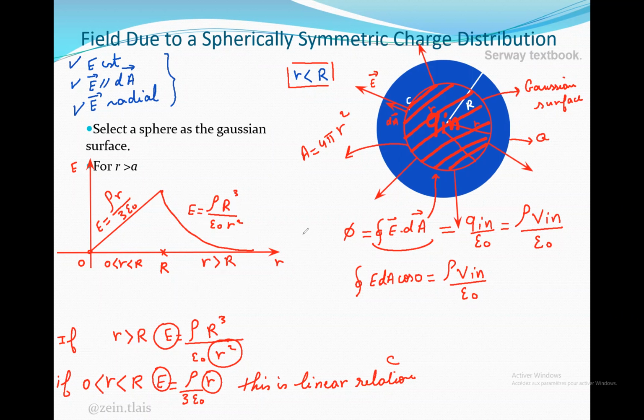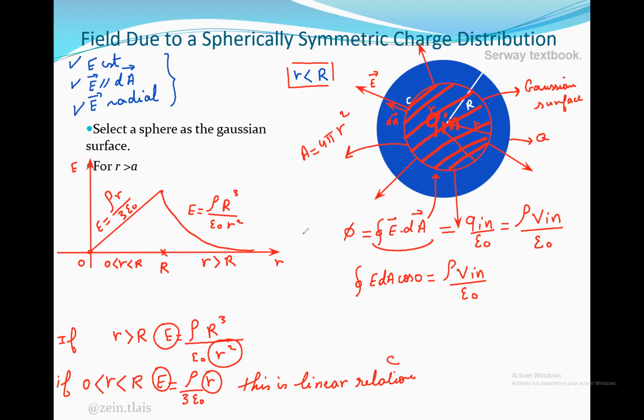This is a simple example of the calculation of the electric field for a uniformly charged sphere. The charges are distributed uniformly inside the object.